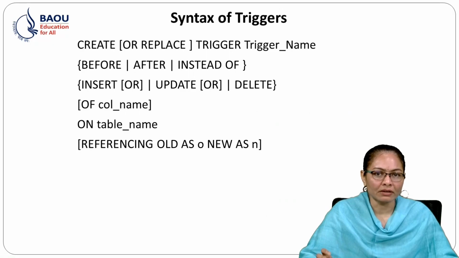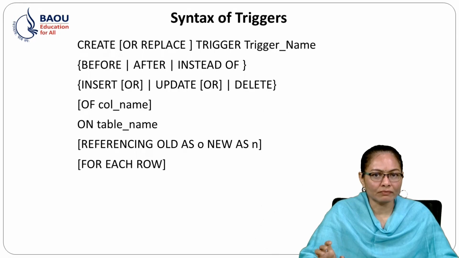By default, we reference the old value as colon old dot column name, or if you use the new value, then colon new dot column name. We cannot reference the old value when inserting a record or a new value when deleting a record because they do not exist.